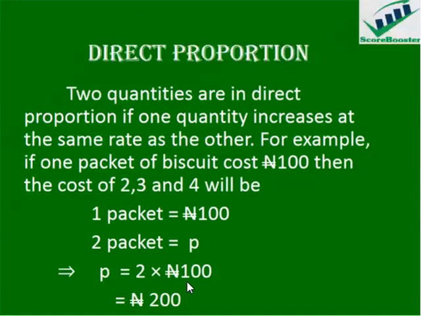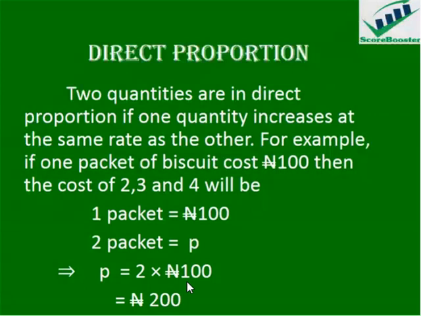What is direct proportion? If you have two quantities in which if one increases and the other also increases, then those two quantities are in direct proportion. For example, the quantity of a particular thing you bought from a supermarket: the higher the quantity, the higher the price.